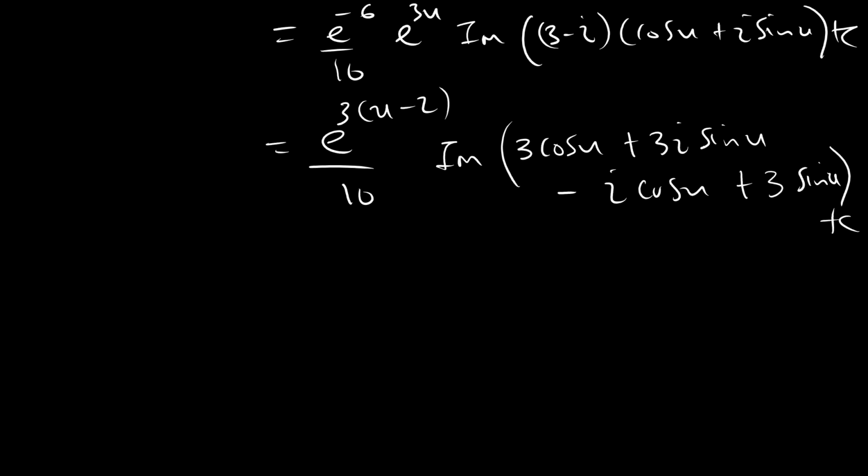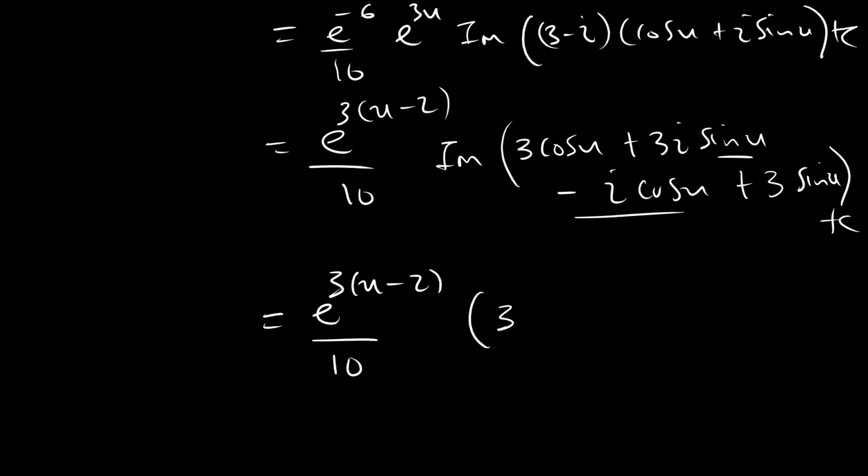So the imaginary part is this and this. So in other words, we have e to the (3u minus 6) over 10, and then in brackets 3 sine of u minus cosine of u, plus c.